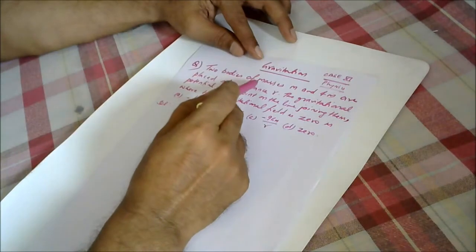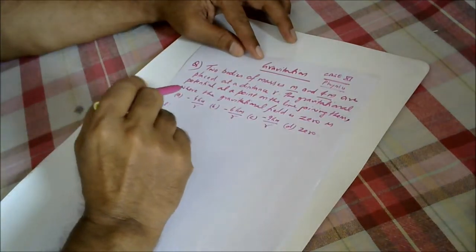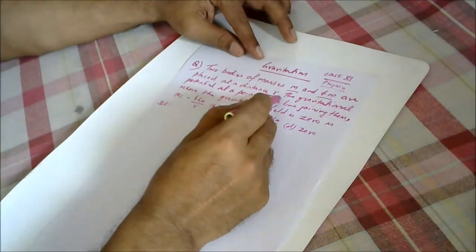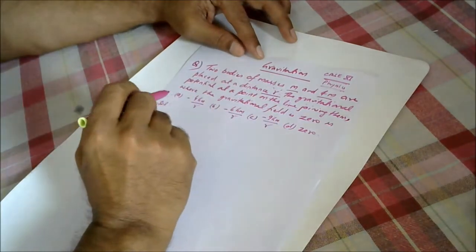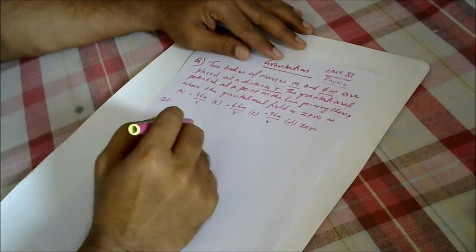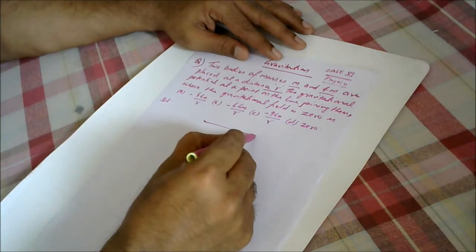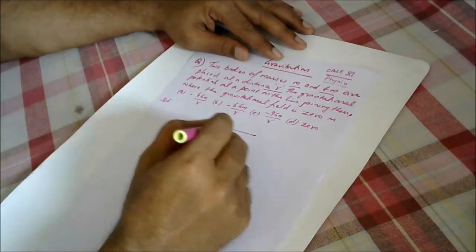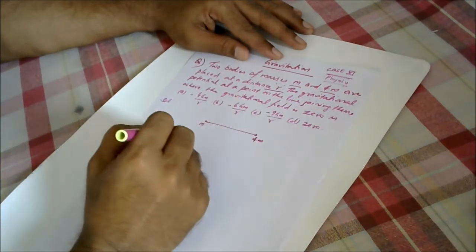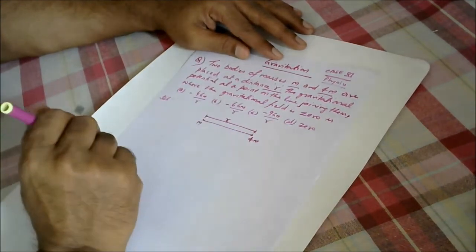Two bodies of masses m and 4m are placed at a distance r. So it means two bodies are there having mass m and 4m, and they are separated at a distance r.